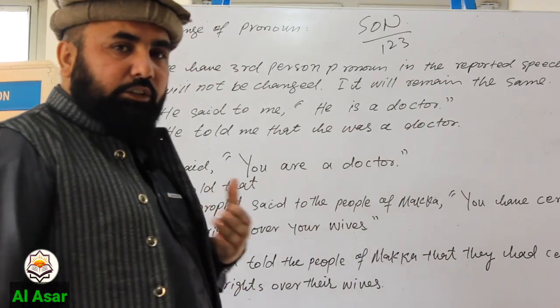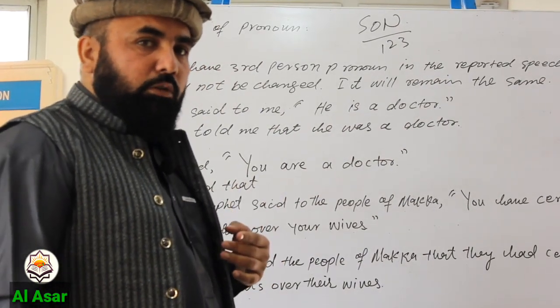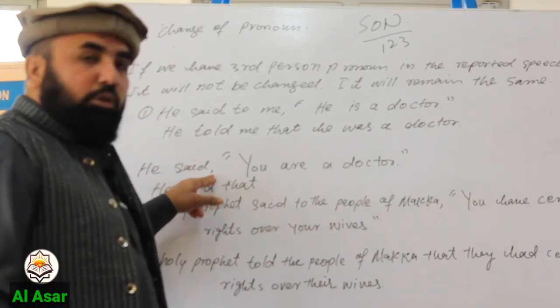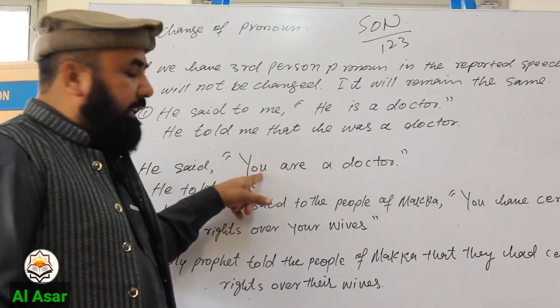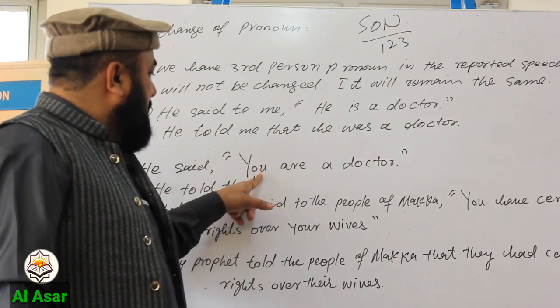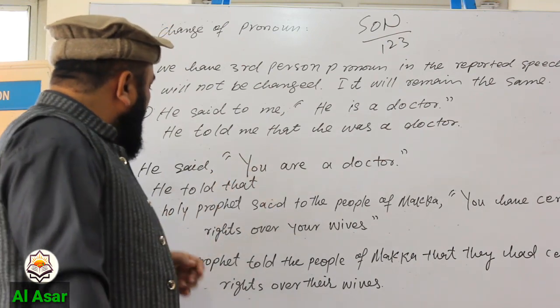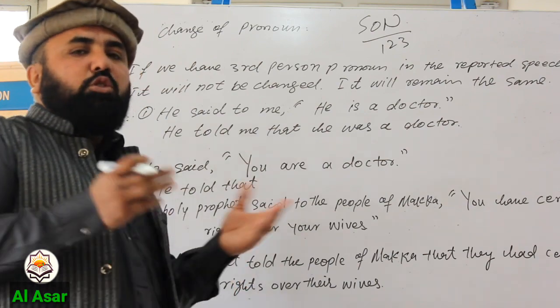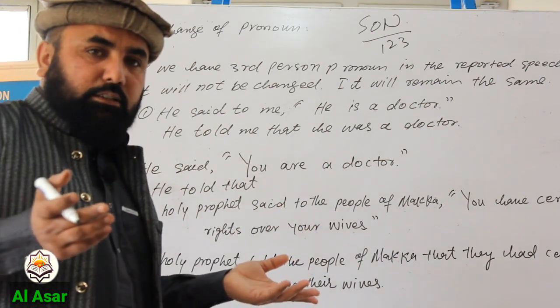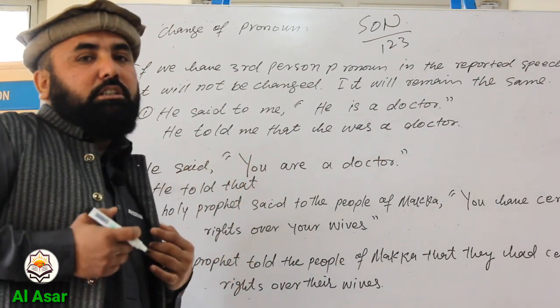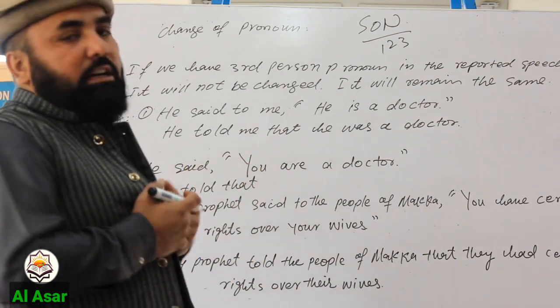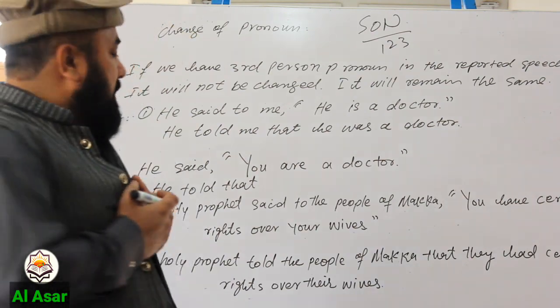Now I was telling you about the second person pronoun when we don't have an object here, how we will change second person pronoun in the direct speech. Now look, if we don't know about the context, we can change second person pronoun according to our own will.